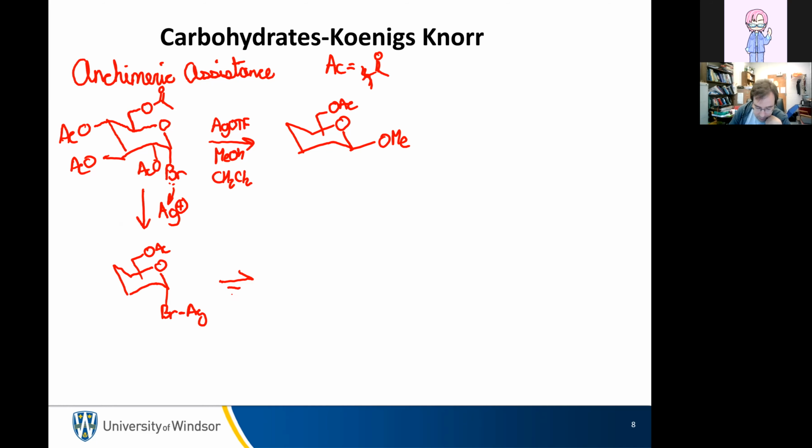The ring flips to the boat because it has to. So far, absolutely identical to what we drew. Oxygen lone pair comes in, kicks out bromine. Make your oxocarbenium. Identical, nothing different. This is where it gets different.